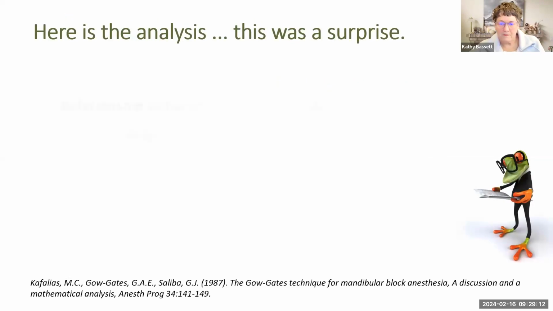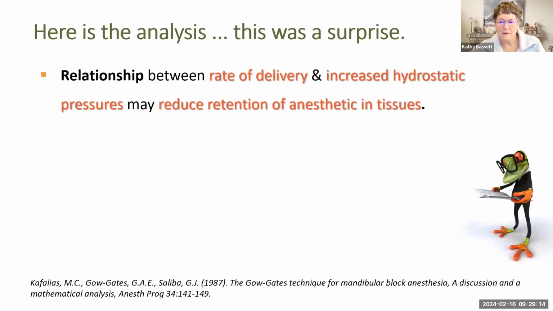So first, the faster you deposit solution, the greater the hydrostatic pressures exerted on tissues. This is the injection, the fluid dynamics exiting the needle. And this may reduce the retention of anesthesia in the area.